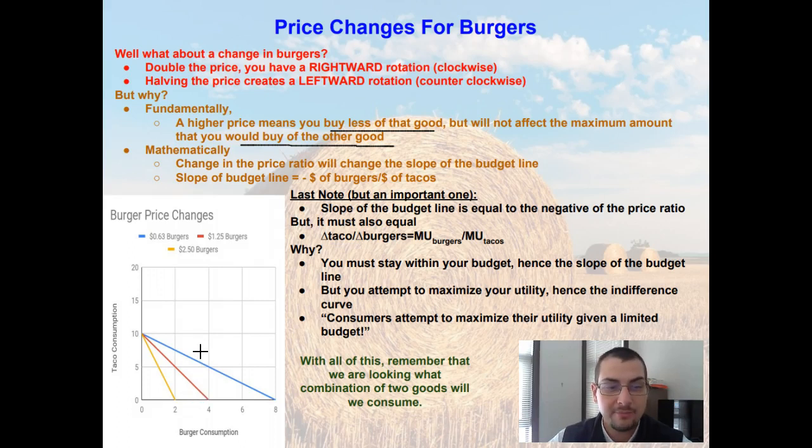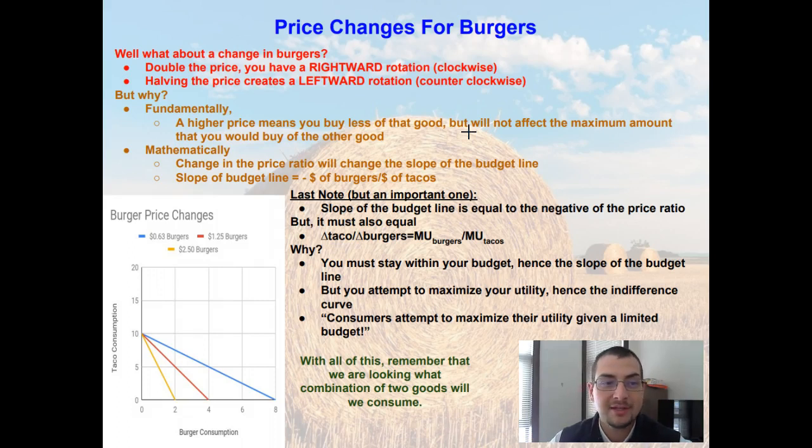In this same case, it doesn't matter what the price of hamburgers is. If you ate only tacos, you could still only consume 10 tacos. So a higher price means you buy less of the good, or lower prices typically mean you buy more, but it will not affect the maximum amount that you would buy of the other good.